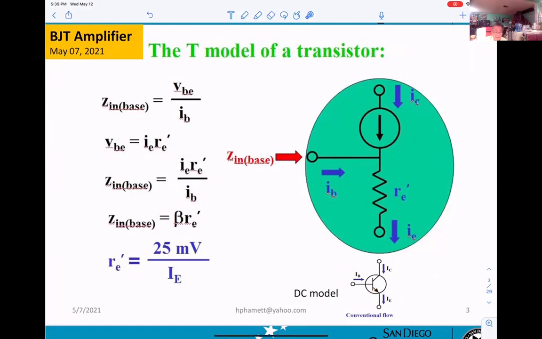However, on the AC, the diode turns out to be the resistance r'e, the internal resistance from the base to the emitter. The value is calculated by this formula: 25 millivolts divided by the DC current IE. Okay, any questions?